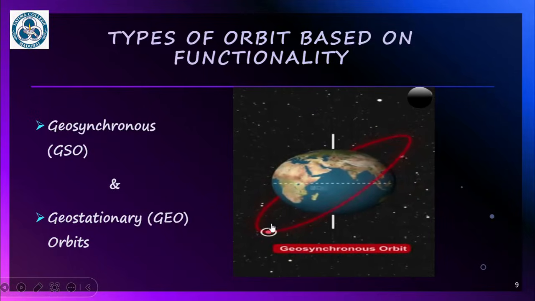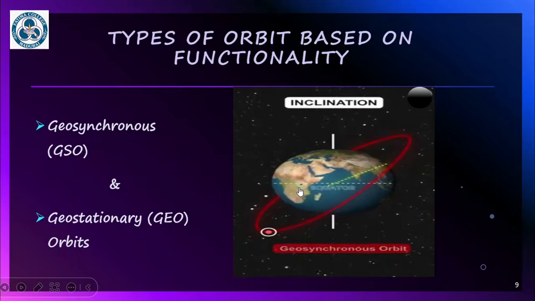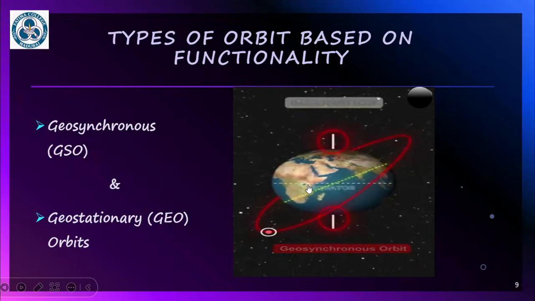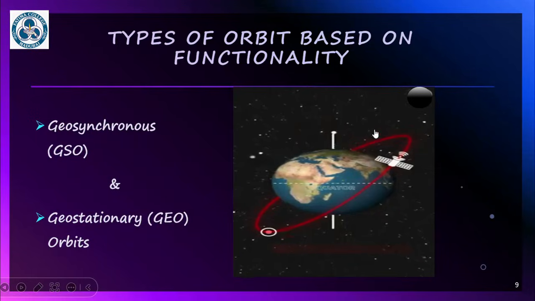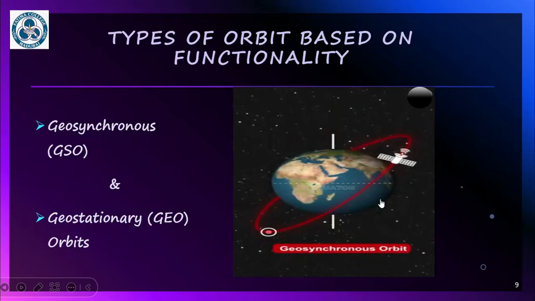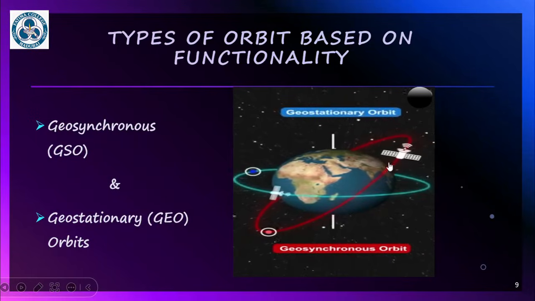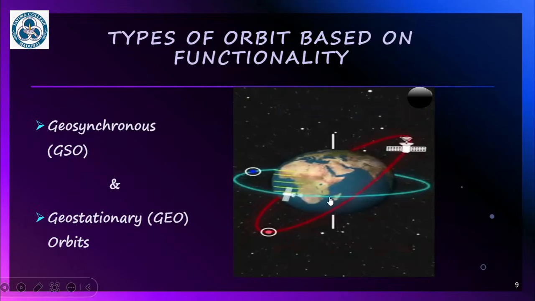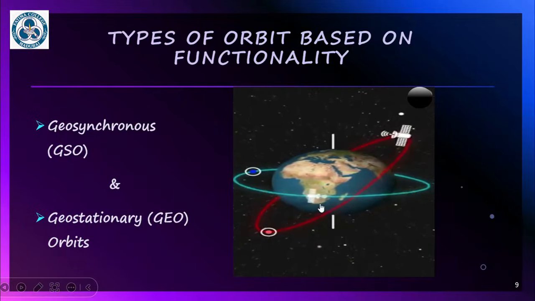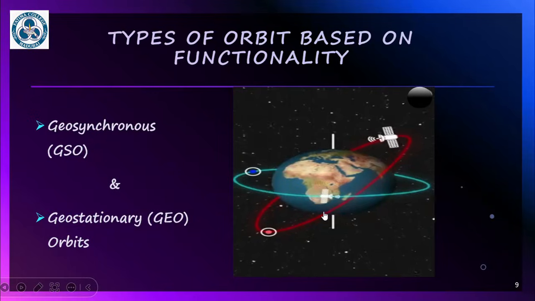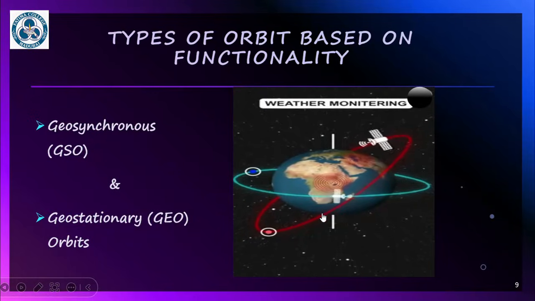In other words, the satellite always remains above the same point on Earth. On the other hand, a geosynchronous orbit may have a slight inclination with respect to the equatorial plane. Because of this inclination, the satellite does not remain exactly above one fixed point on Earth. Instead, it moves slightly north and south relative to the equator.